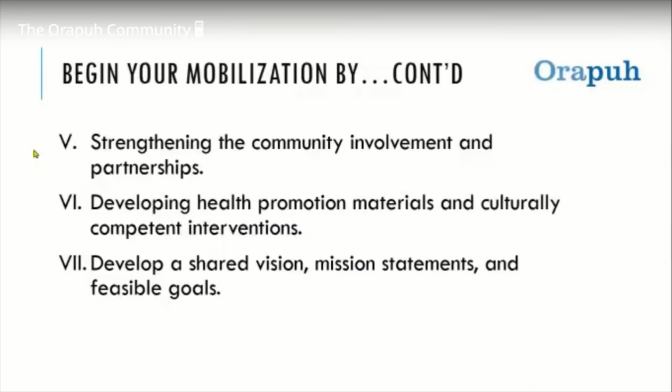And we have several ways of strengthening the community's involvement, by maybe giving some stipends, some incentives to the community. That way we create a kind of bond between the community and those that are giving the healthcare service, mobilizing people for healthcare interventions.